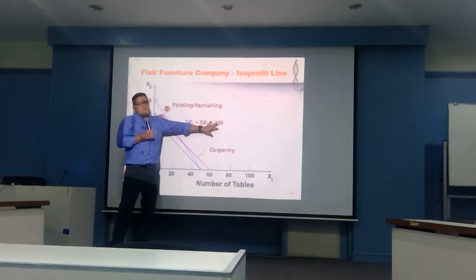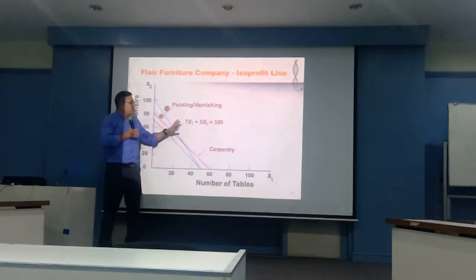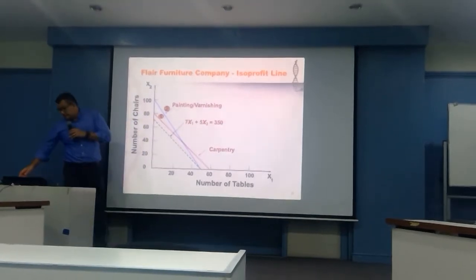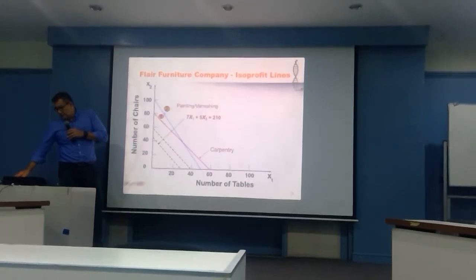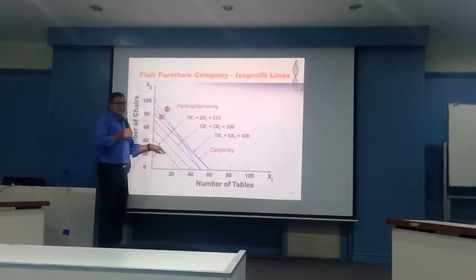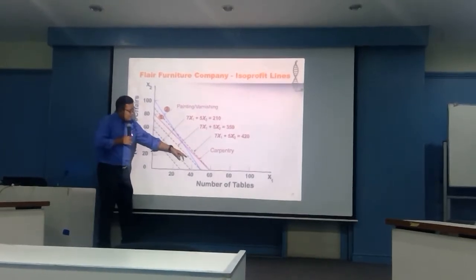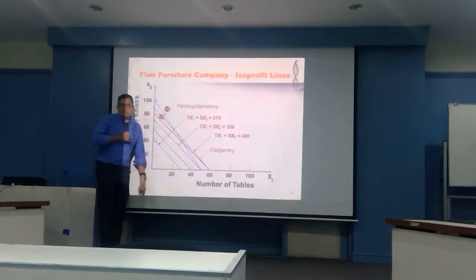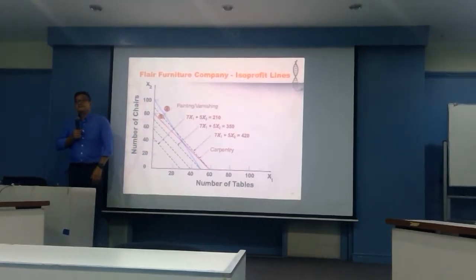But one thing you can see is that we do not change the coefficients in front of x1 and x2. So if you assume other values, say 210, we have this line; 350, we have this line; 420, you have this line. All of these we call isopic lines.